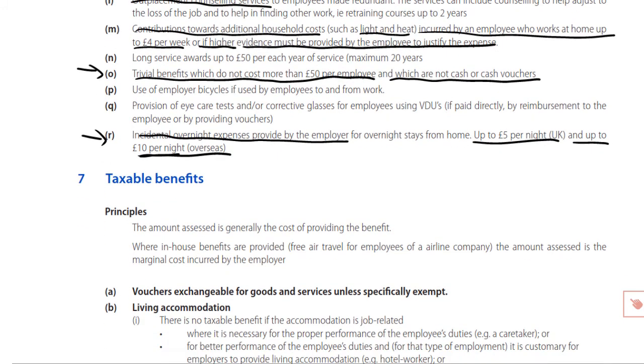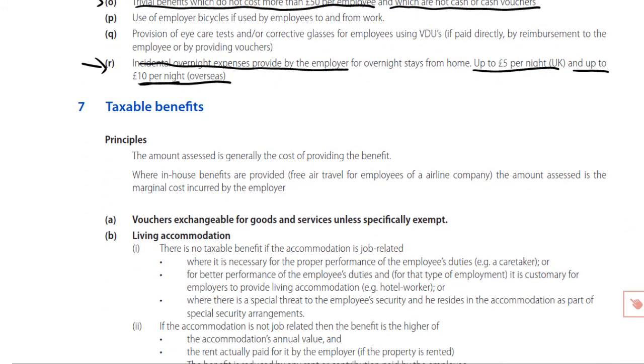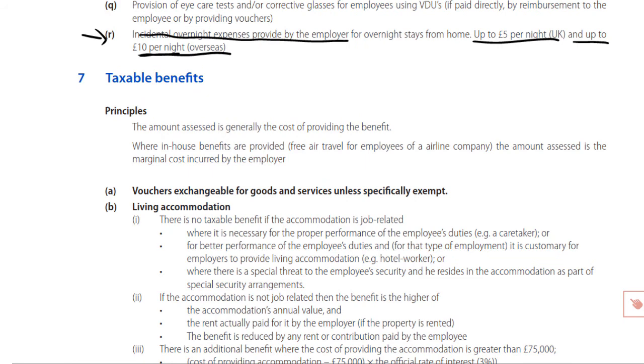Now, the basic principles, the amount assessed is generally the cost of providing the benefit. One small issue, if we're talking about an in-house benefit, then it will be the marginal cost incurred by the employer, not the full cost, or indeed the sales value.